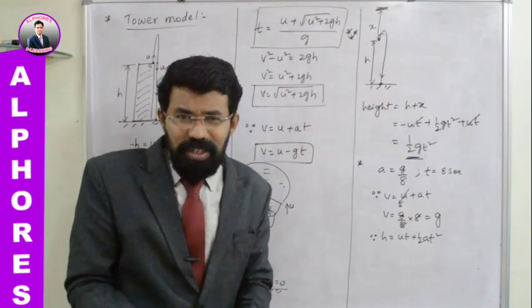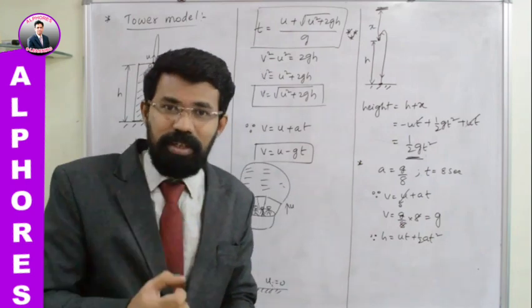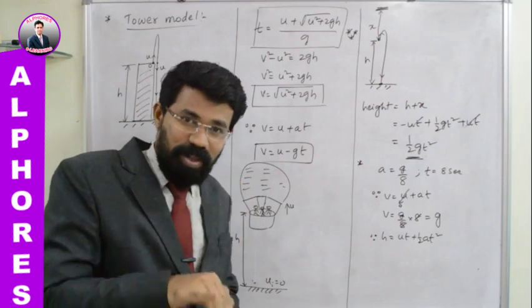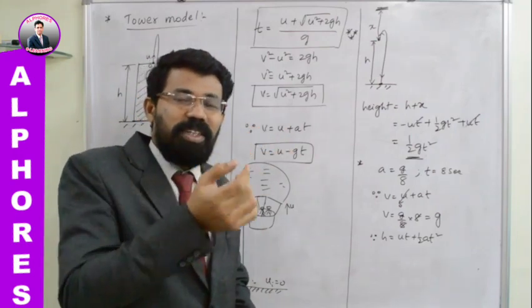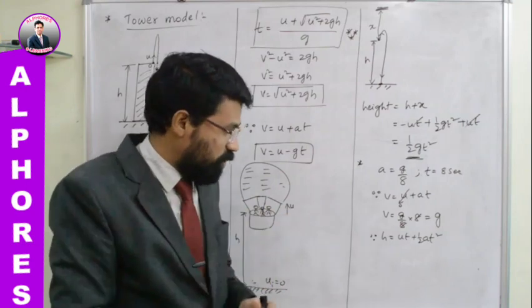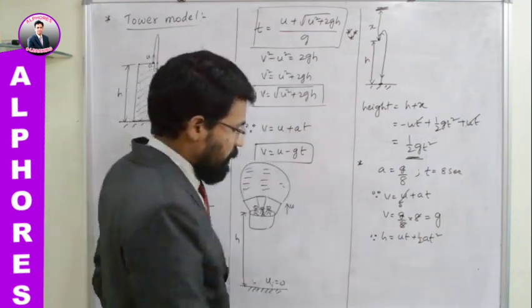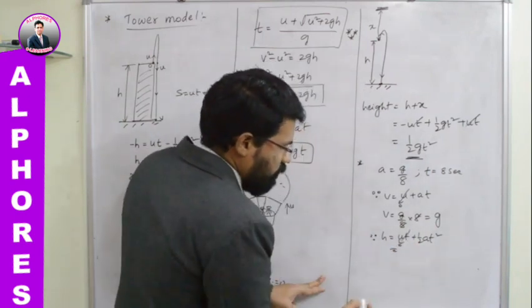Once the body is released from your hand, it is not under your control. The gravity controls. Here the gravity's effect has been overcome, and the balloon is going on its own in the upward direction with an acceleration a equal to g by 8. So here also you have to keep this a as it is. No need to replace a with g. So h is equal to initial velocity, which is 0, so that term becomes 0.